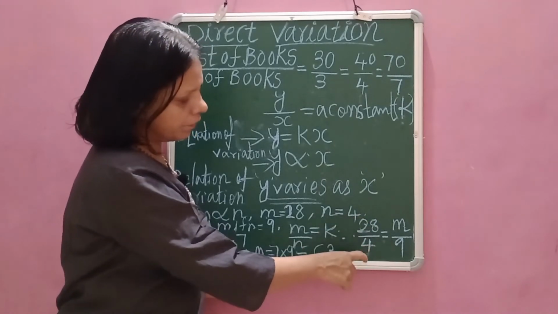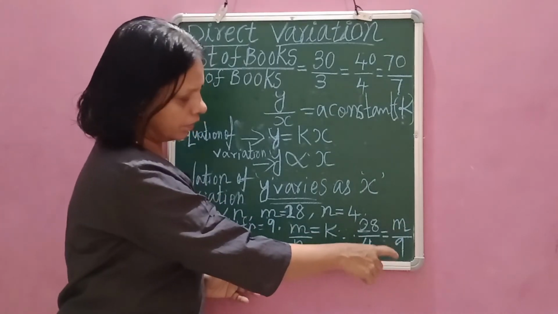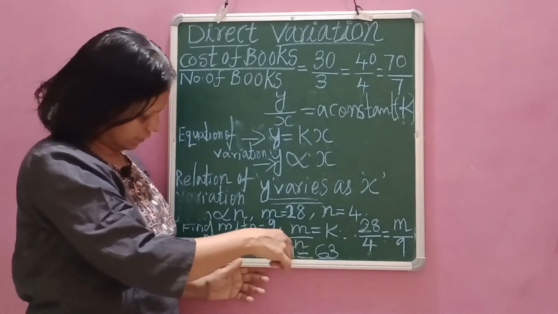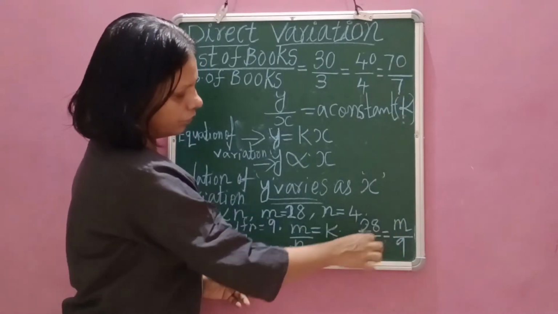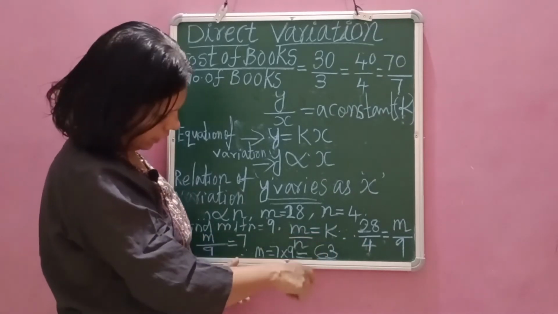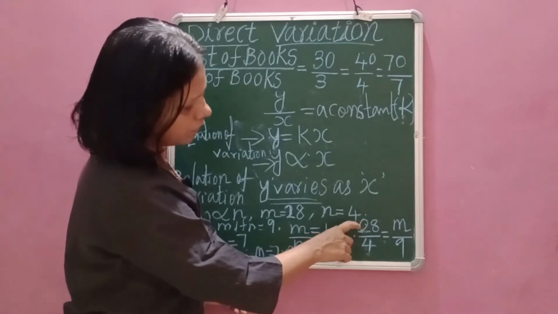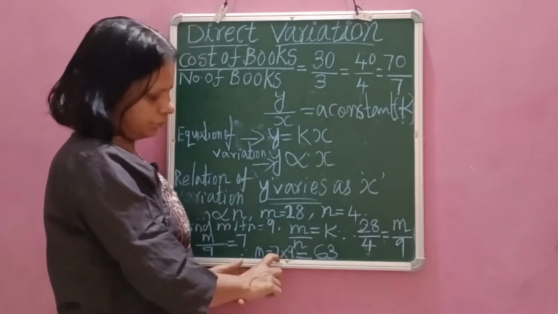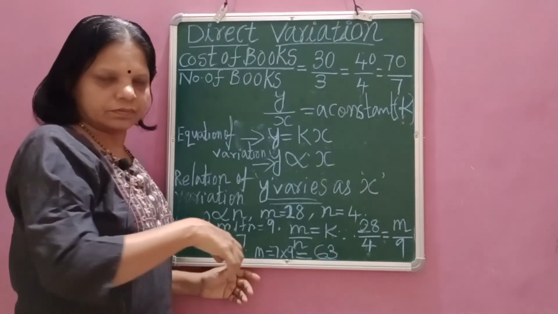So 28 upon 4 equal to m upon 9. And you know the cross multiplication. What is cross multiplication? 4 into m equal to 28 into 9. Or m equal to 28 into 9 upon 4 equal to 63.